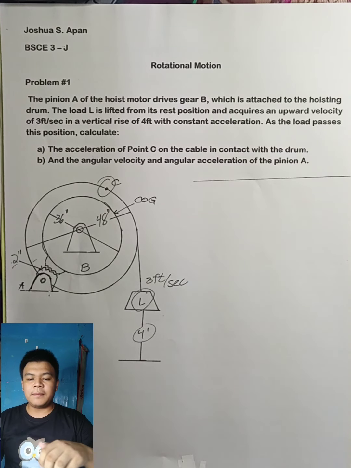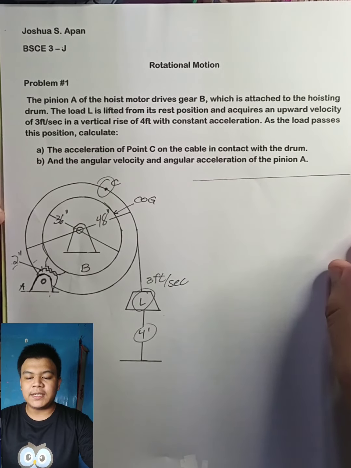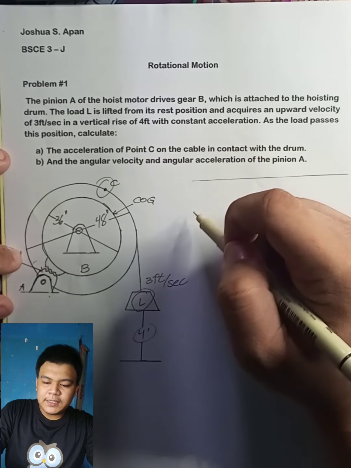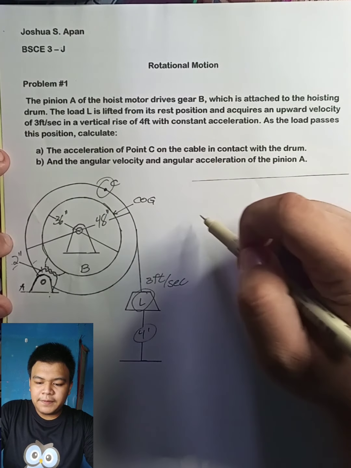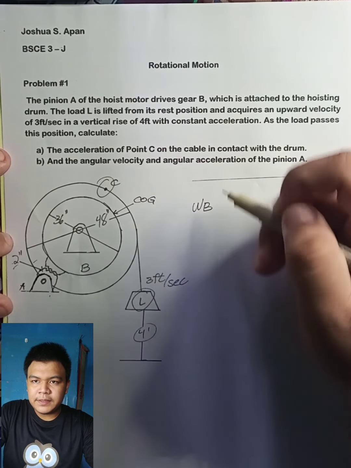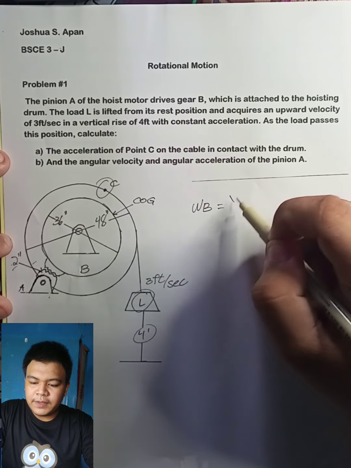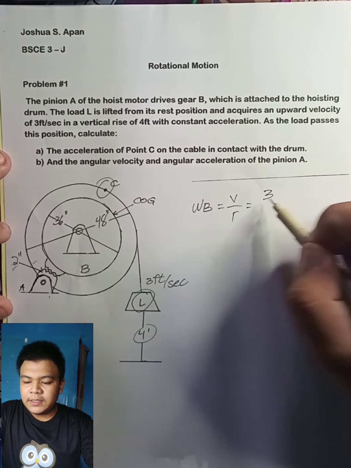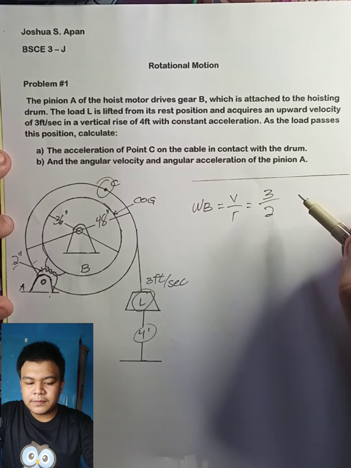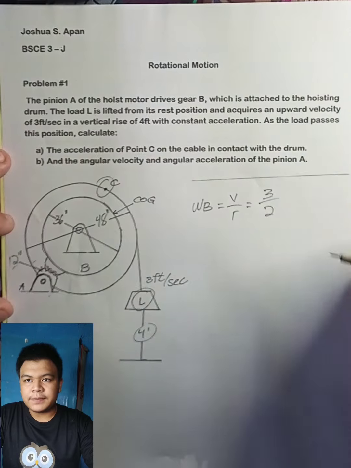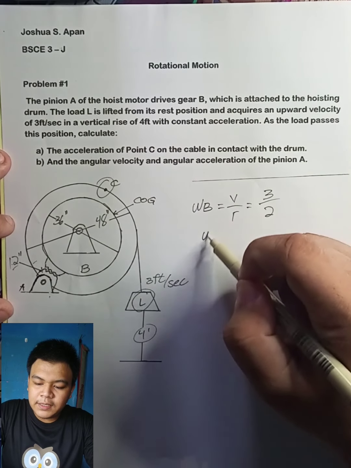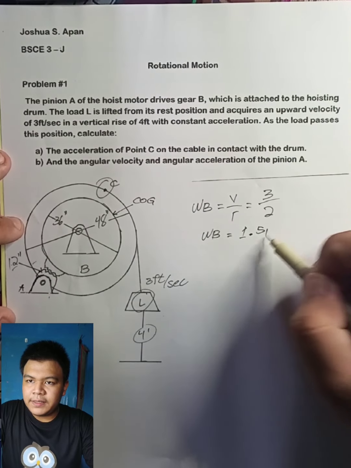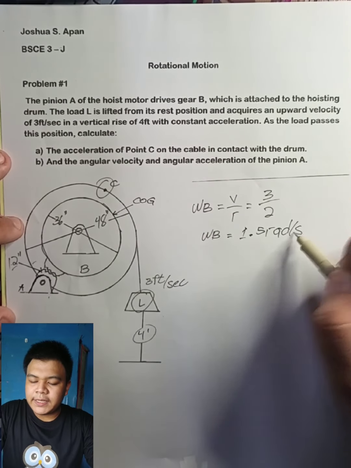So, para makuha natin yung angular velocity at angular acceleration ng point A, lagay muna natin yung angular velocity ng B is equal to velocity over radius. Radius is equal to 3 over 2. So, angular velocity ng B is equal to 1.5 rad per second.